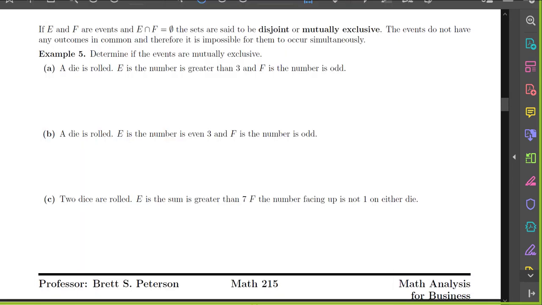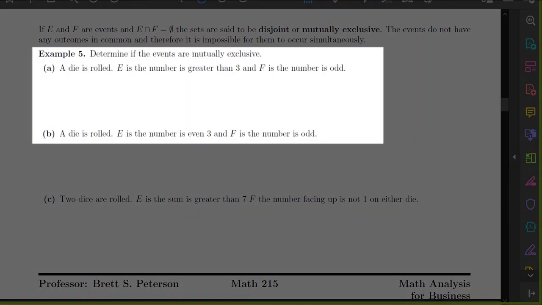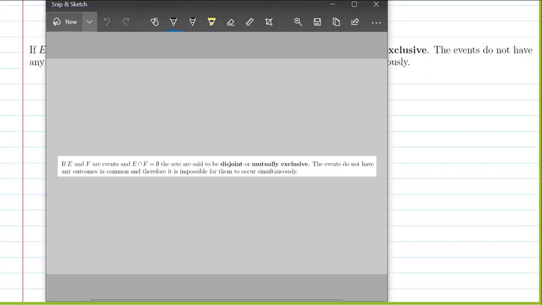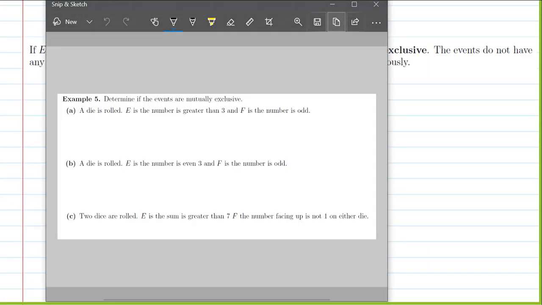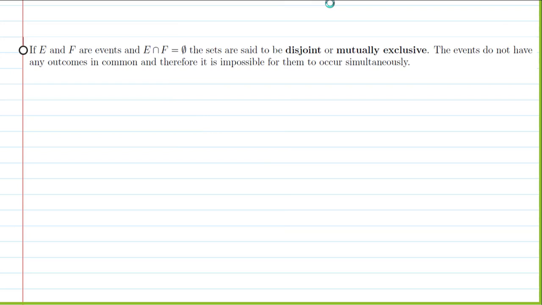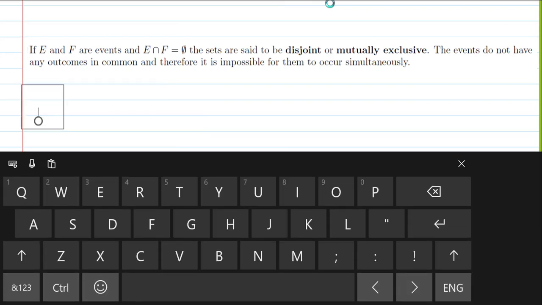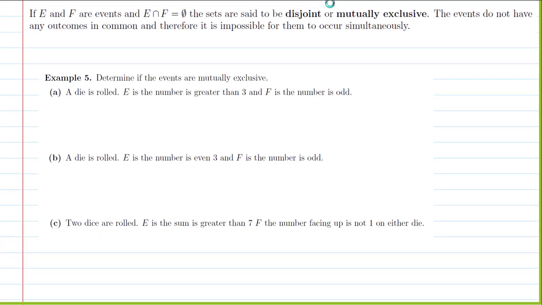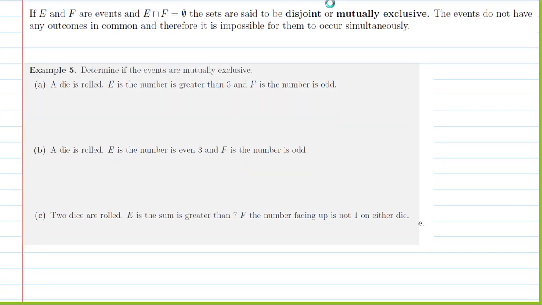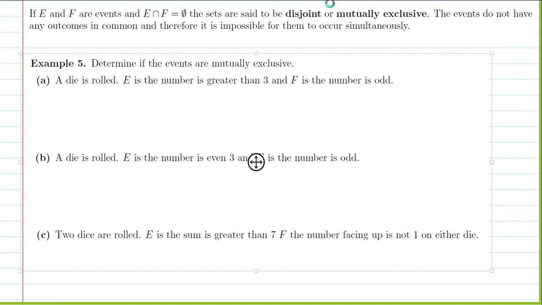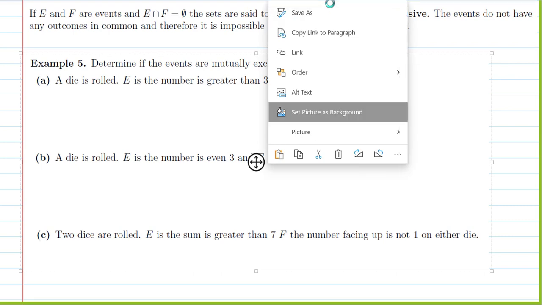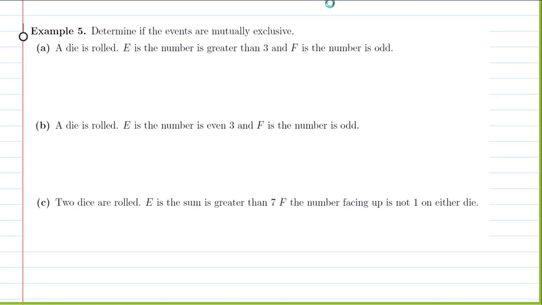So we want to look at our sample here and determine if the events are mutually exclusive. A die is rolled. E is the number is greater than 3, and F is the number is odd.